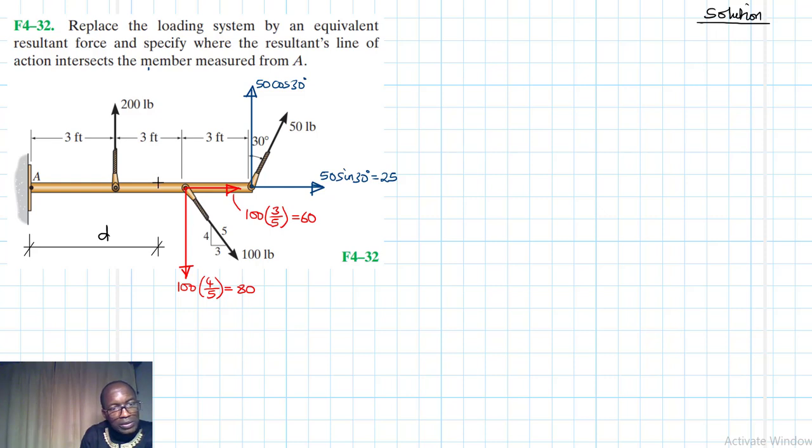Since we have two components here, whereas in the previous case we only had one component, which was just in the y, we are going to call this FR, with x and y components.